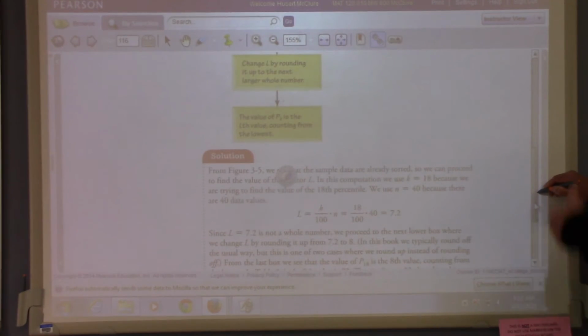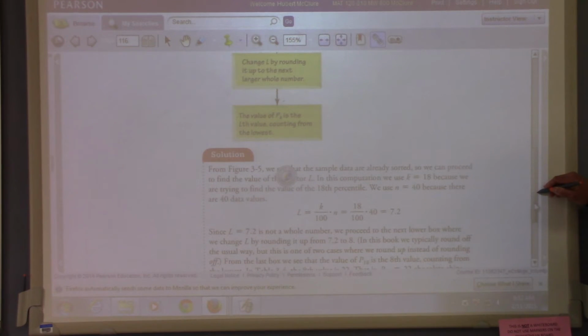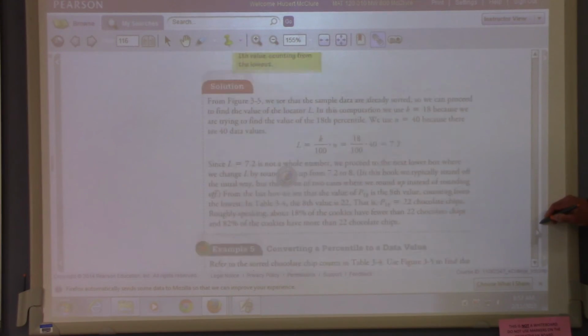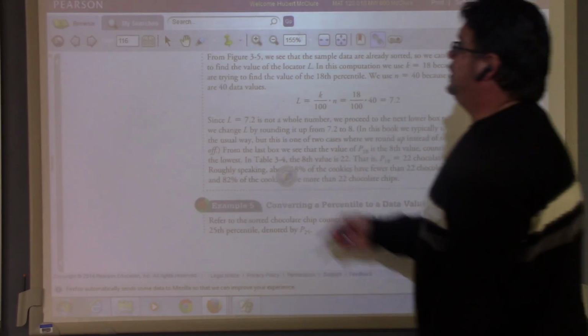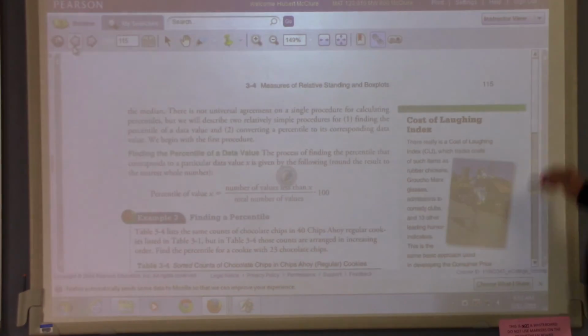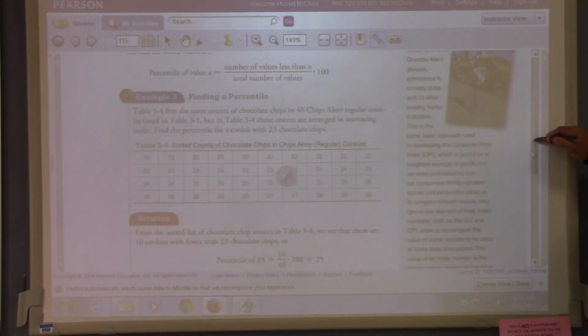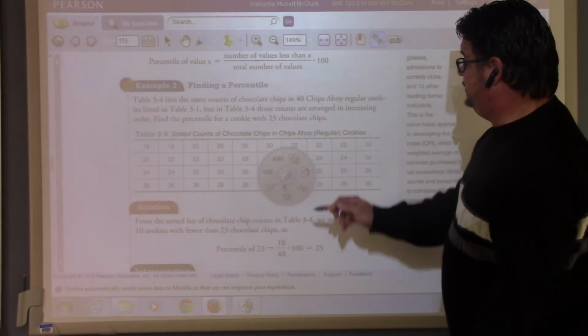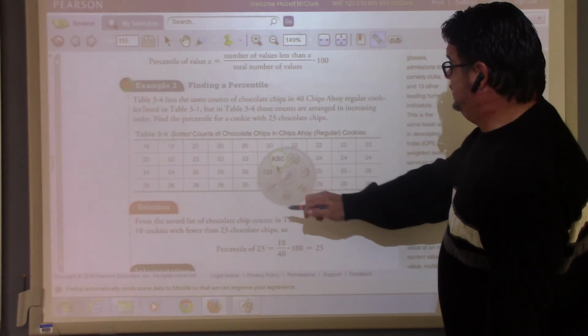Okay, they give us a table, and they say that they want to know the 18th percentile. I don't know what that is. Go away.